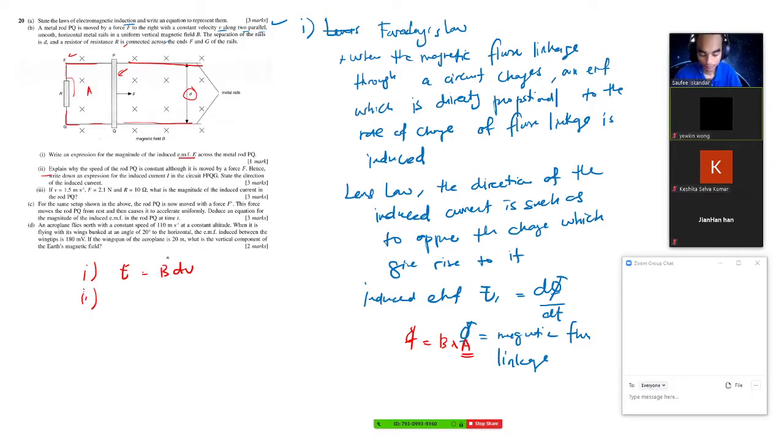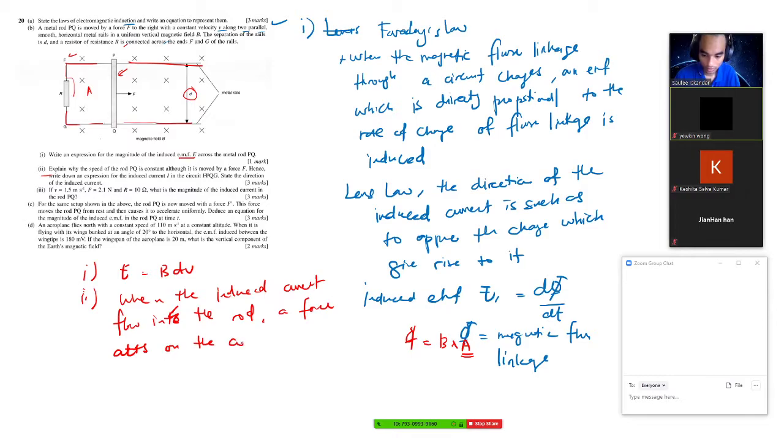Okay, number two. When the induced current flows in the rod, a force acts on the conductor in the opposite direction to the applied force F. It means that when you pull with F, by Lenz's law, there will be a force on the left side, opposing.